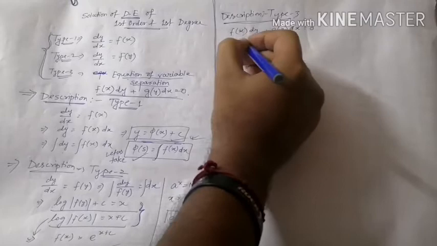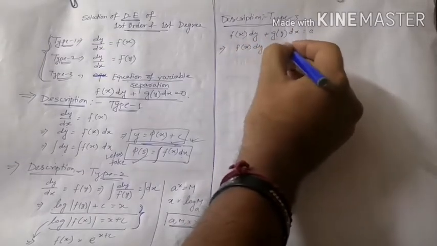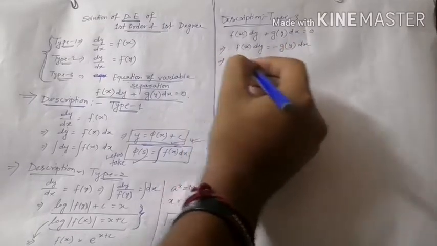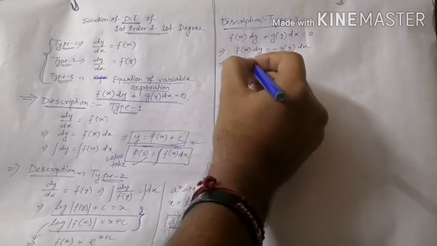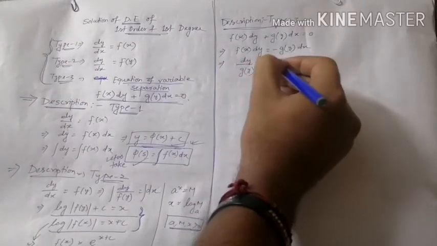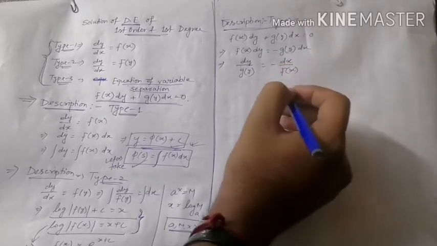Now we can write this term like this, f of x into dy equals minus g of y into dx, and we also write dy by g of y equals minus dx by f of x.